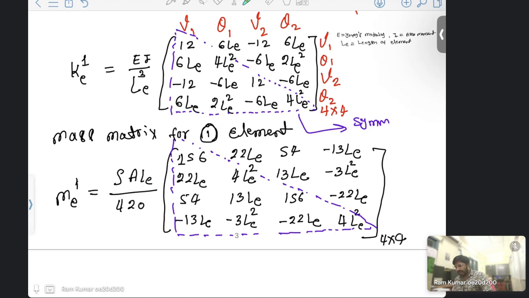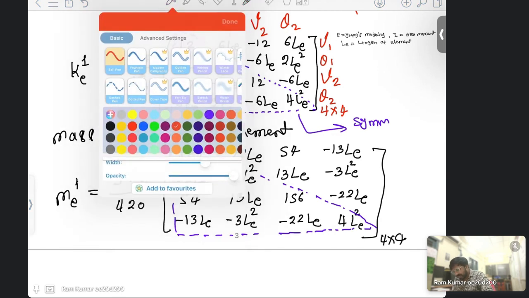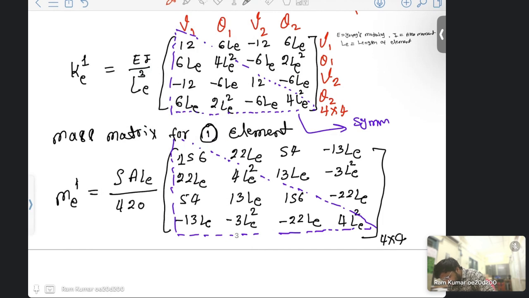So now after calculating the stiffness and mass matrix for each element, as of now we have calculated for only the first element. Here also I will write similarly B1, theta 1, B2, theta 2, B1, theta 1, B2, theta 2.